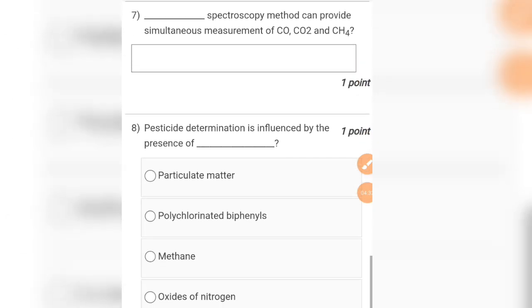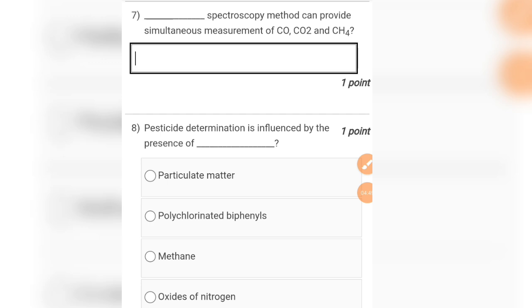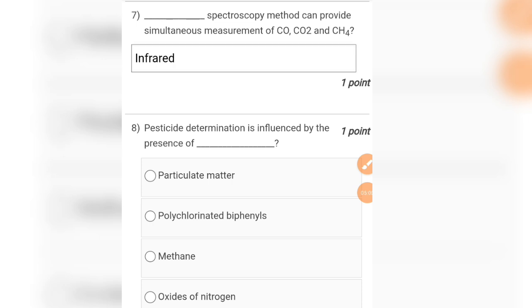Question number 7 is: dash spectroscopy method can provide simultaneous measurement of CO, CO2 and CH4. So the blank will be filled by infrared. Okay, infrared spectroscopy.